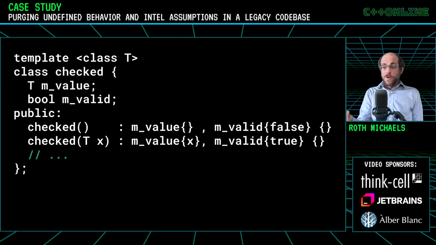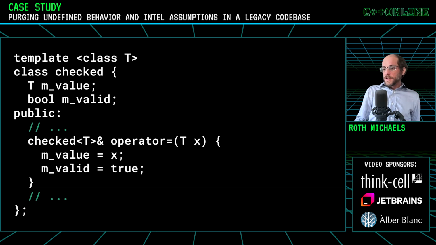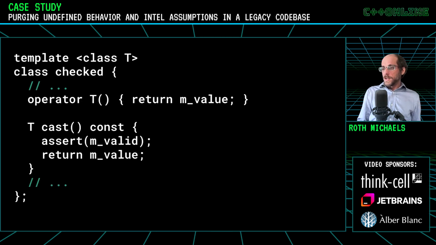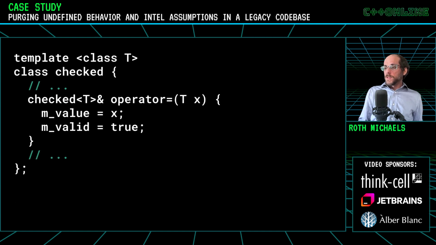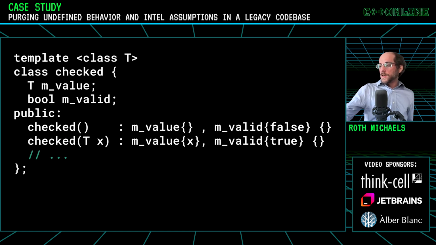Another example of how we're using clang-tidy and making custom checks is we have our own version of an optional type called checked value, or for slideware, we're calling it checked. And it has operations like you might expect. But the big thing here is you'll notice the constructor always constructs it with a value.